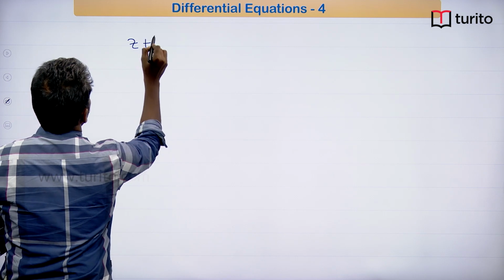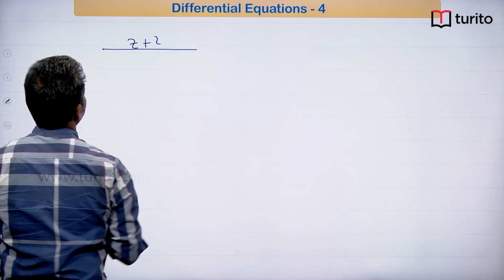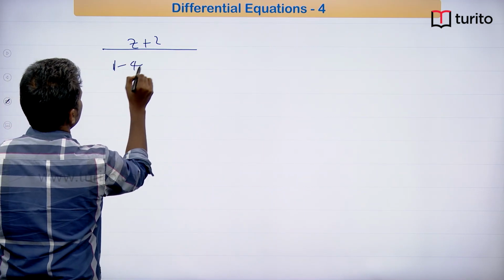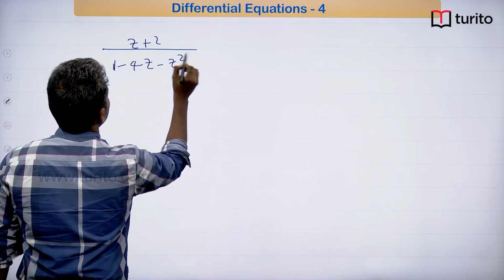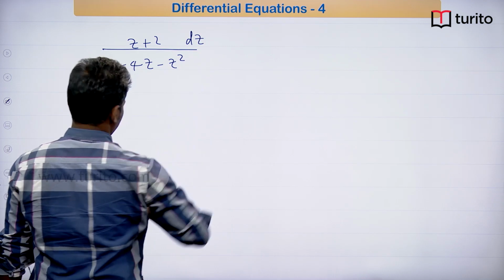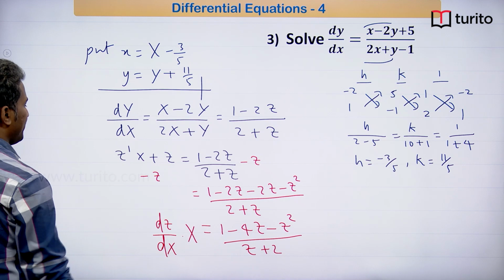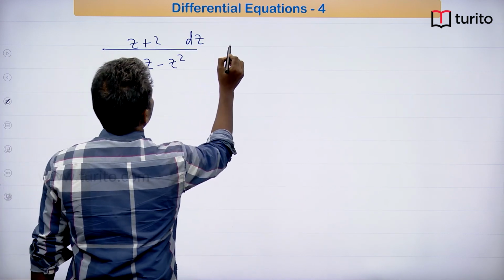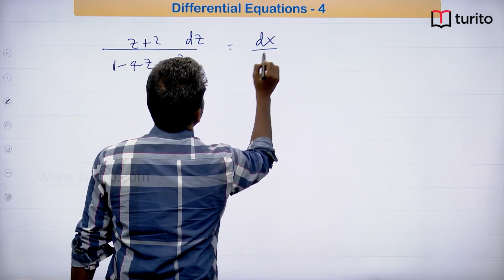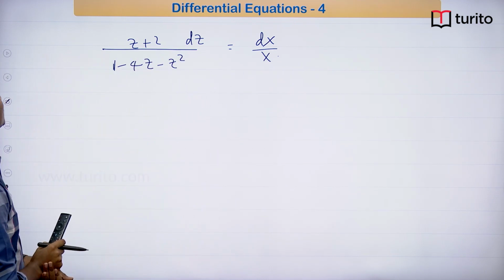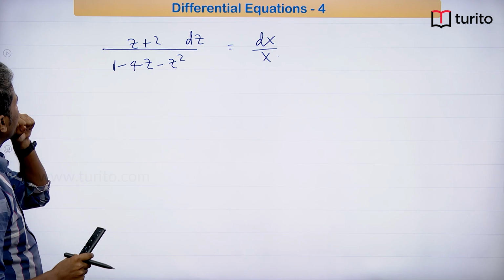So z plus 2 divided by 1 minus 4z minus z square into dz, equal to dx by x. So till here it seems fine.